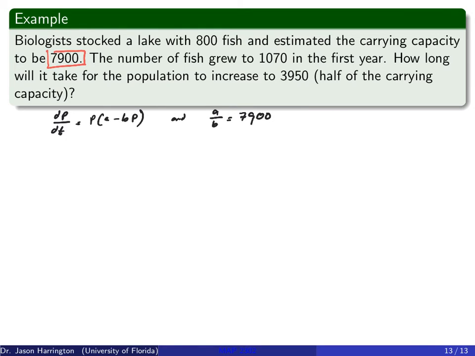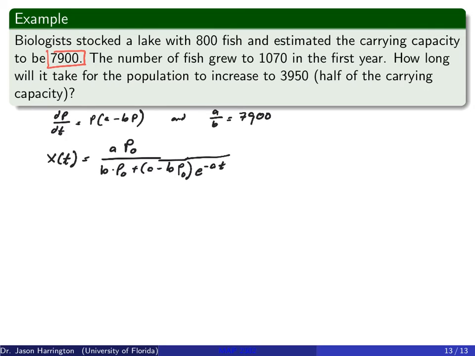So let's see if we can use this information. Now again, you don't have to solve the ODE like you did before or anything. You can just use the equation. So here we're going to have a times P naught divided by b times P naught plus (a minus b P naught) e to the negative a t. All right.